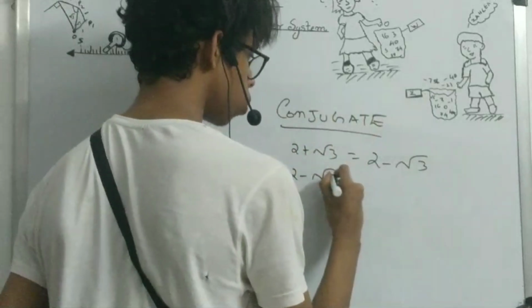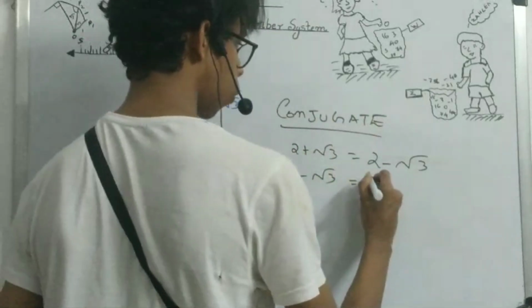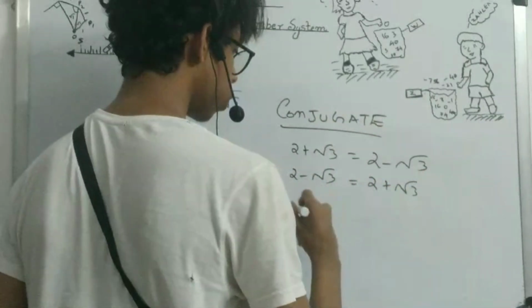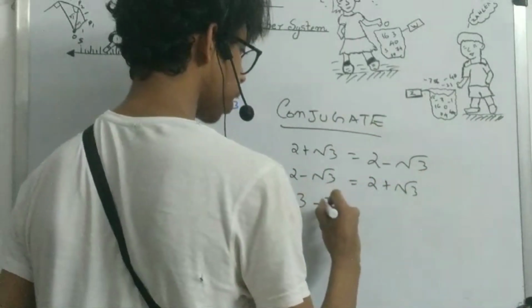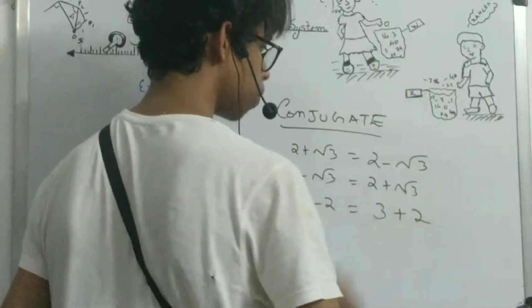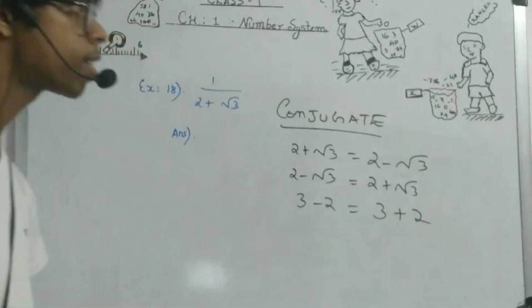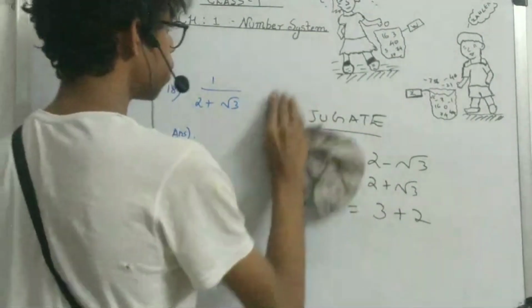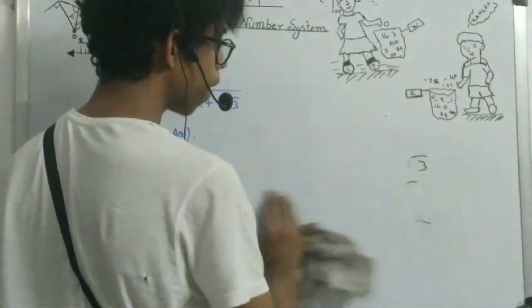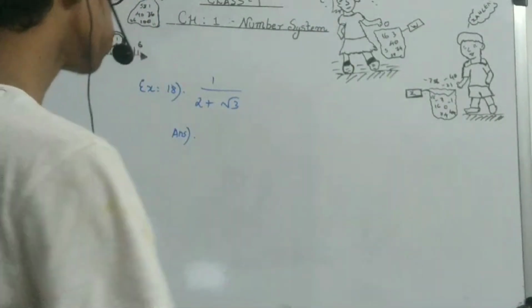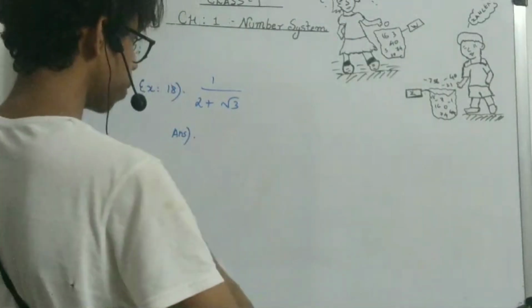For example, if I ask you the conjugate of 2 minus root 3, what will it be? It will be 2 plus root 3. If I ask you the conjugate of 3 minus 2, what will be the conjugate of 3 minus 2? 3 plus 2. Okay, this is the meaning of conjugate. Okay, so now whenever there is a plus sign along with the root, we have to always take the conjugate and multiply and divide this conjugate with this number.